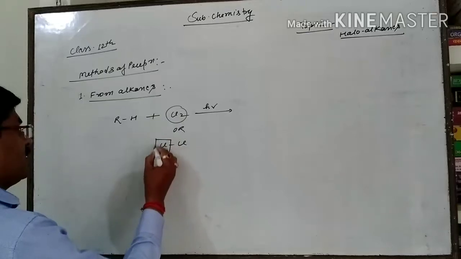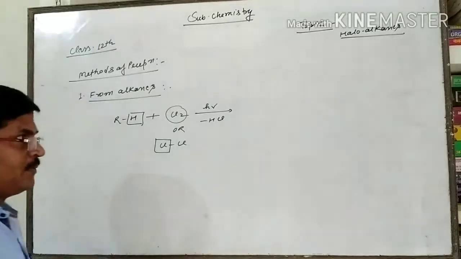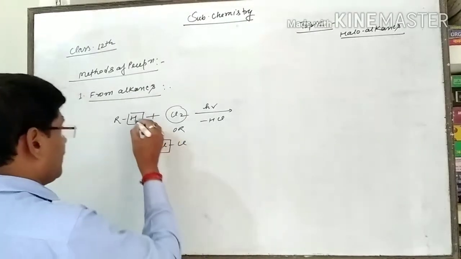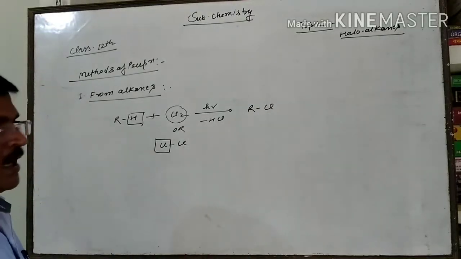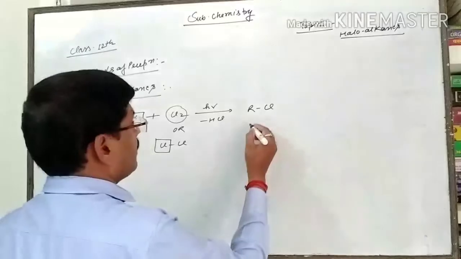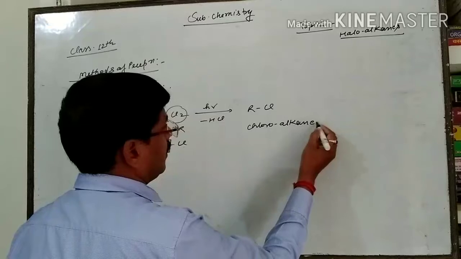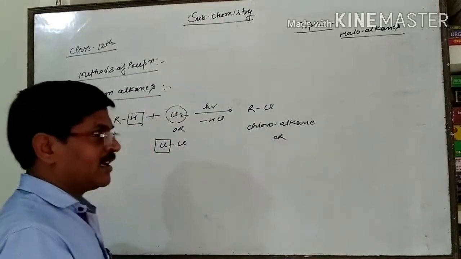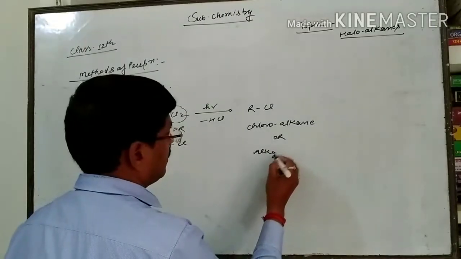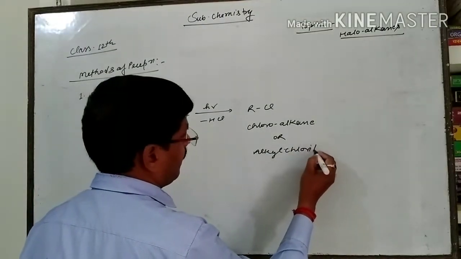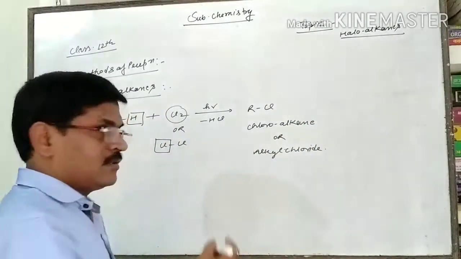One Cl from here and one H from here are released in the form of HCl. This Cl attaches there with R, so it will give RCl. It means this one is the chloroalkane, or in common I can say alkyl chloride. So in this way you can prepare alkyl halide from alkane.